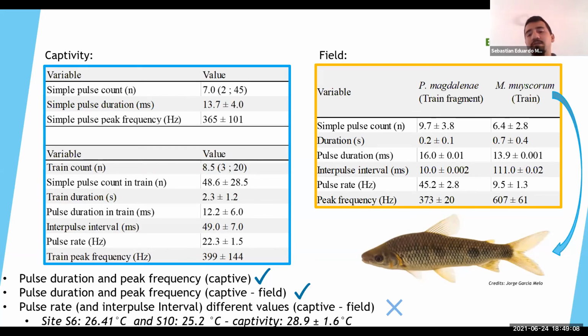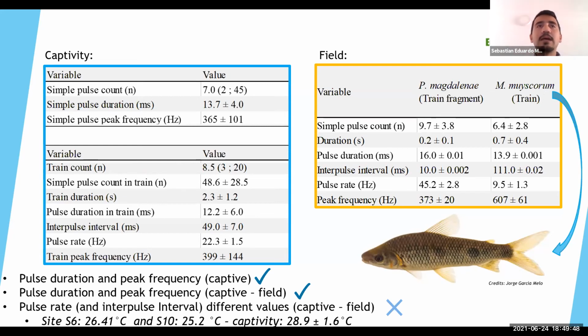And according to the artisanal fisherman, this belongs to another species. And in the results, we can actually see that there is an important variation in peak frequency. It's almost doubling the peak frequency of Boca Chico. Also, the interpulse interval is larger, and this shows that it's possible to differentiate these two kinds of fishes.